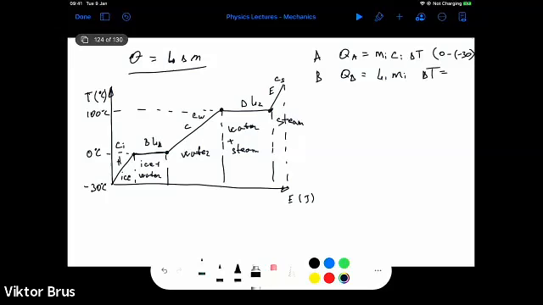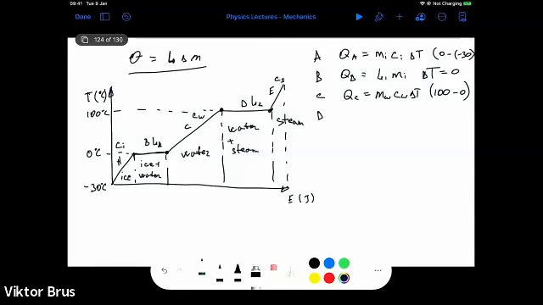Delta T is equal to 0. So part C, we have energy QC, which is the product of the mass of water times the specific heat capacitance of water and the change in temperature. Again, the change in temperature goes from 0 to the final temperature for water, which is 100 degrees.